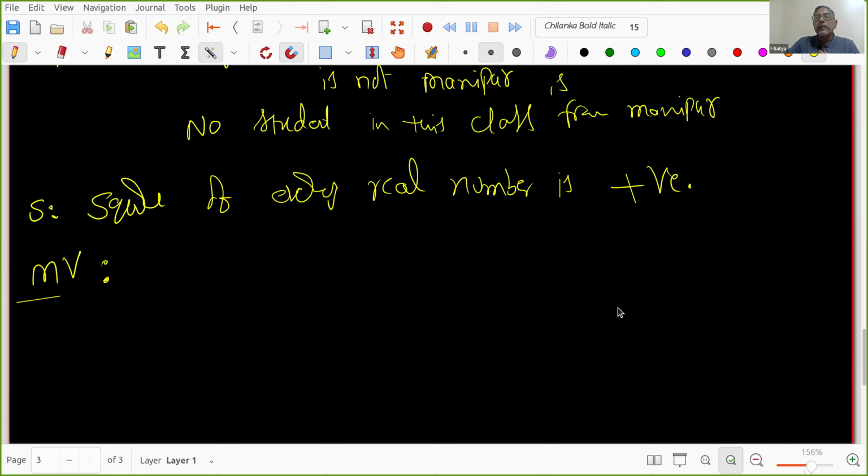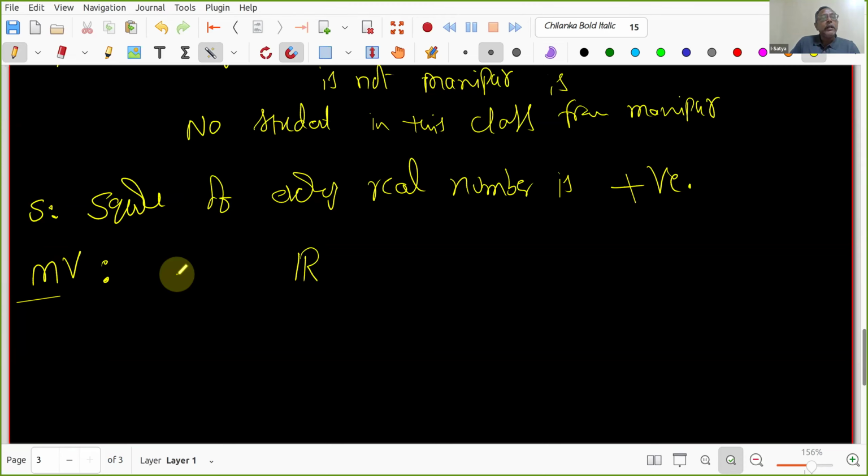Someone from room number 7. Mentor, can you ask? Jayesh, can you tell me? Sir, the set involved is the real numbers, R. Okay, Jayesh, what is the quantifier we need to use? Sir, for all. Given any. Even though the statement did not start with every, you understand sometimes.